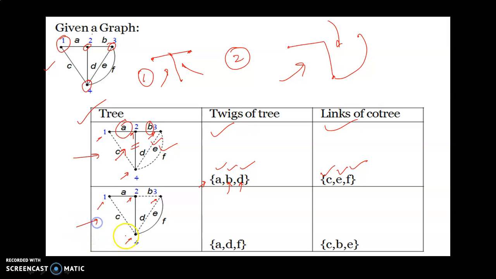And in the second tree, the twigs are A, B, F. And the remaining portions that would otherwise make it a complete graph are C, B, E. Okay, so tree is as simple as that.